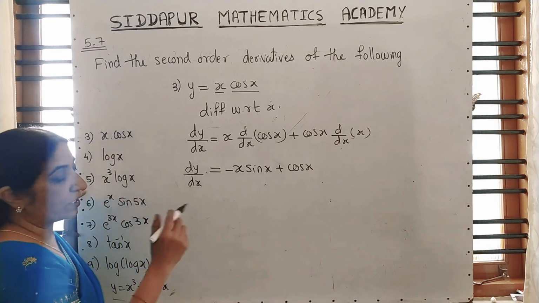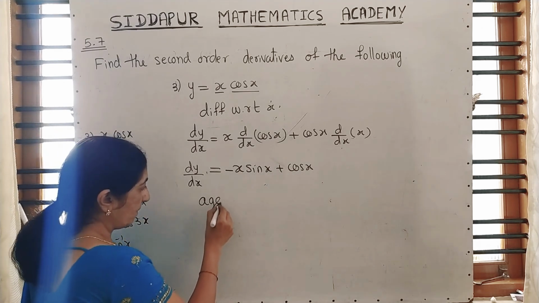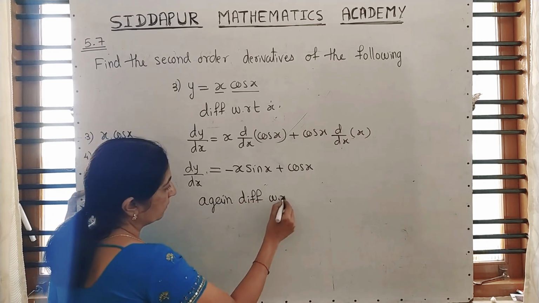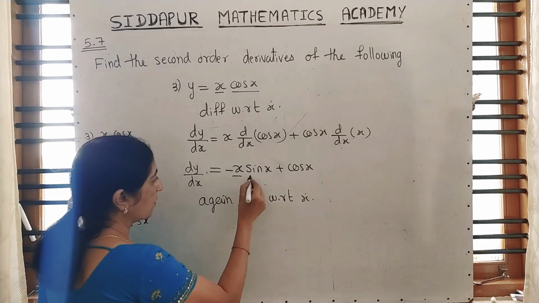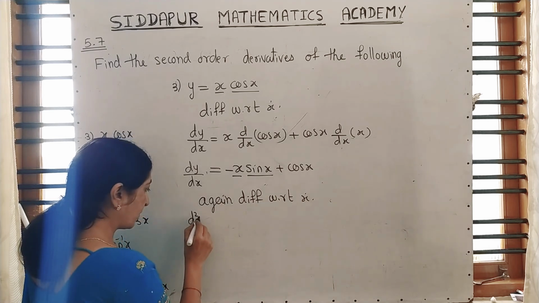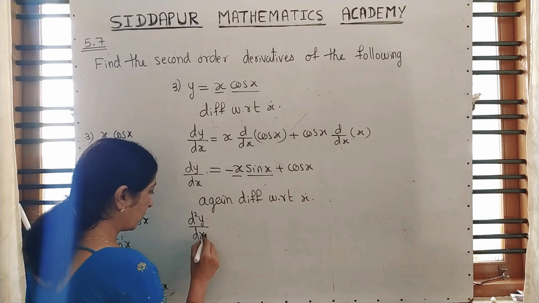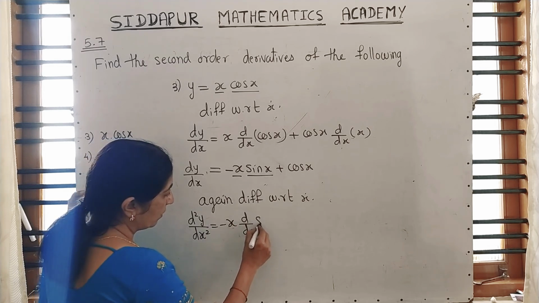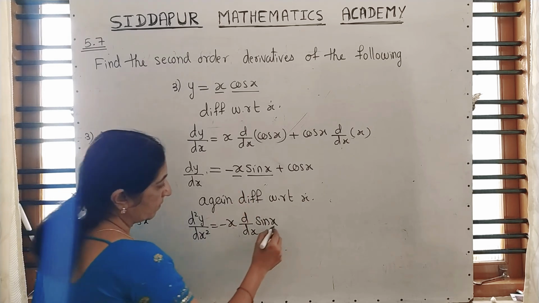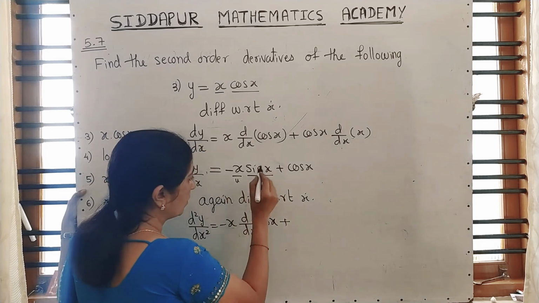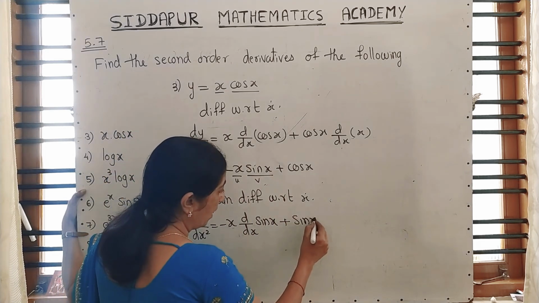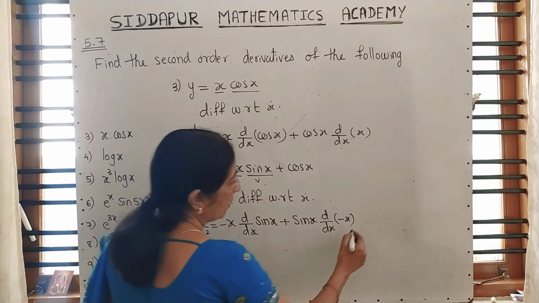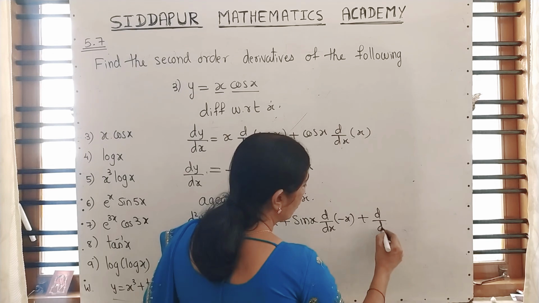Differentiate this answer once again. Again differentiating with respect to x. This is u, this is v. d square y upon dx square is minus x into differentiation of sin x plus, this is u, this is v, sin x as it is, differentiation of minus x, plus differentiation of cos x.